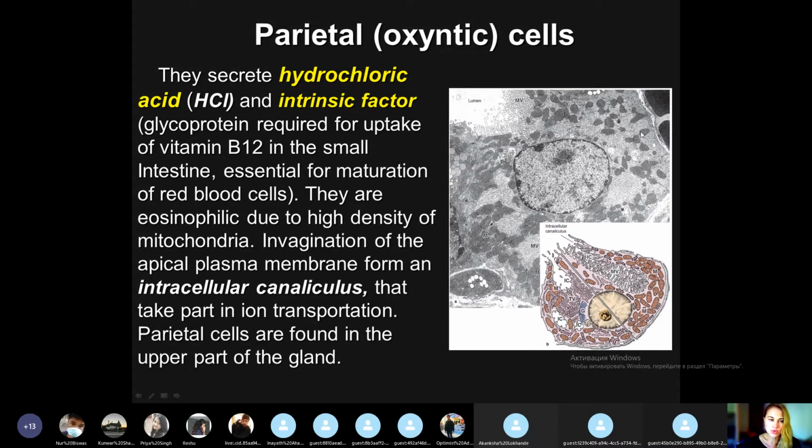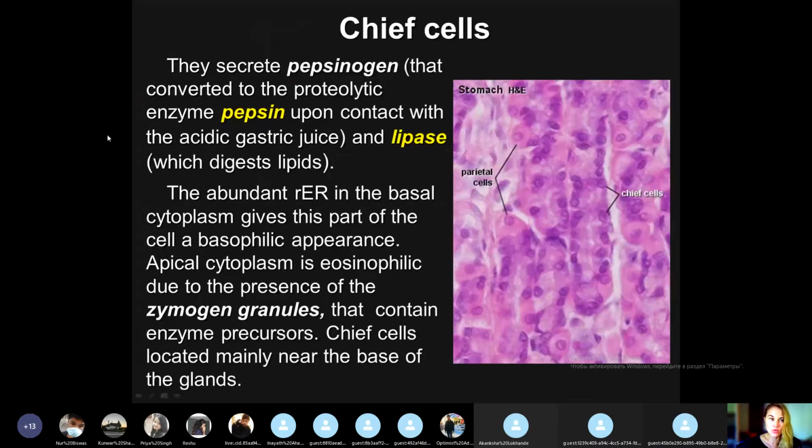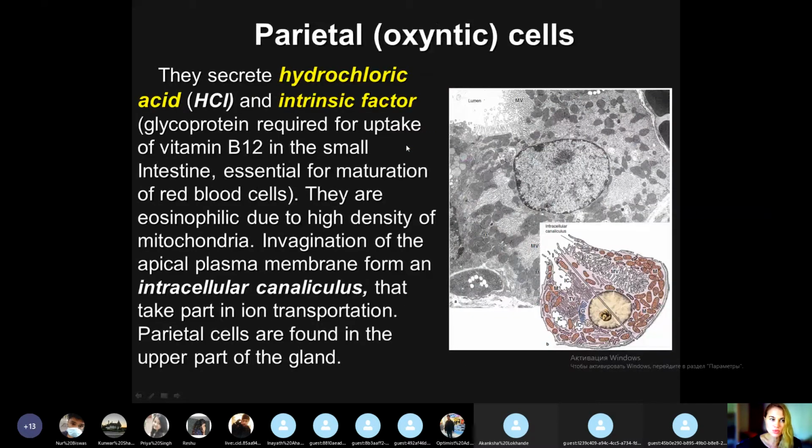So let's focus first of all on the role of the hydrochloric acid. If you remember from the previous slide, it is an important component for the activation of pepsinogen. When pepsinogen is released to the lumen, in response to the hydrochloric acid, it is converted to pepsin.